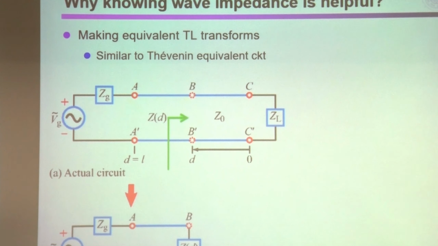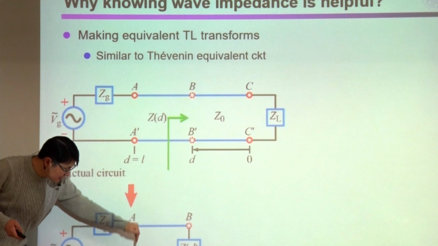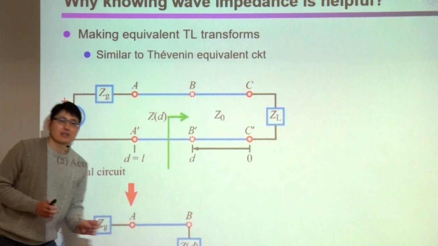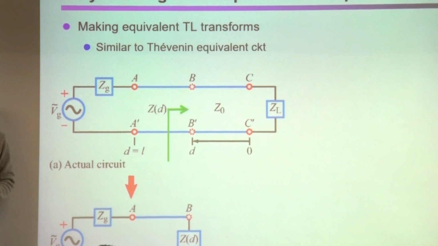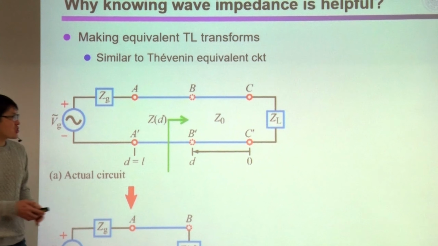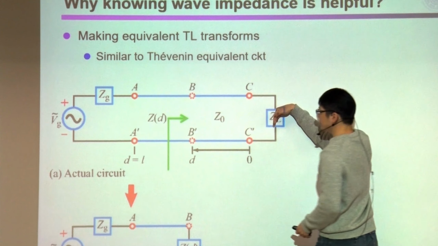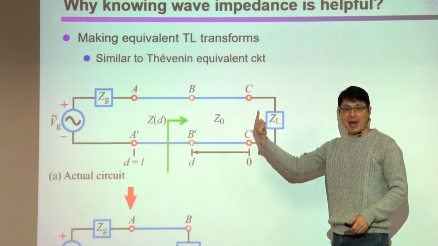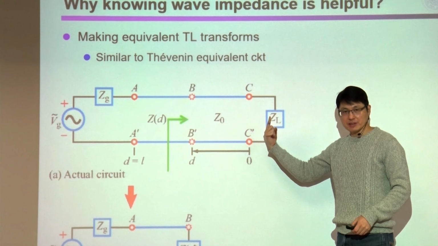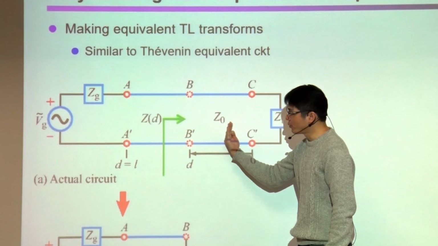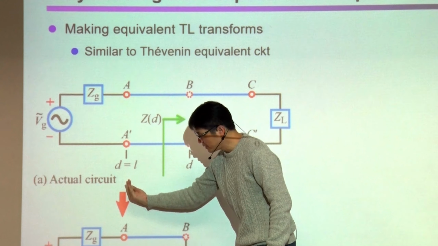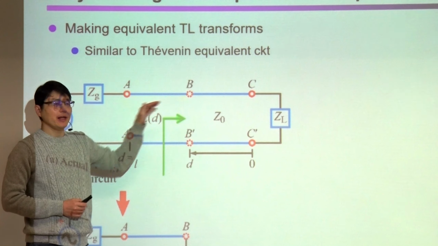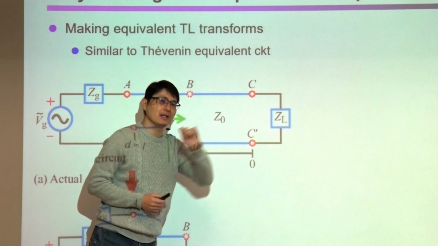So all I have to do is at the input end, where my generator is connected to the transmission line. I start from the load. This is where I really know what my backward voltage amplitude is. And then I walk for a length of L. I stop here. And I take a look back into the transmission line plus the load.